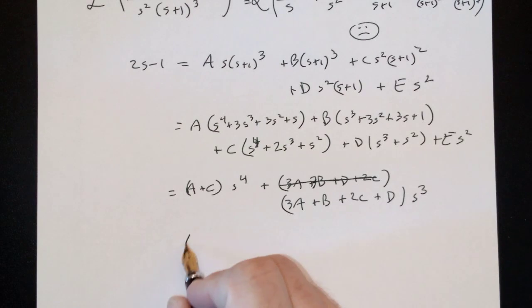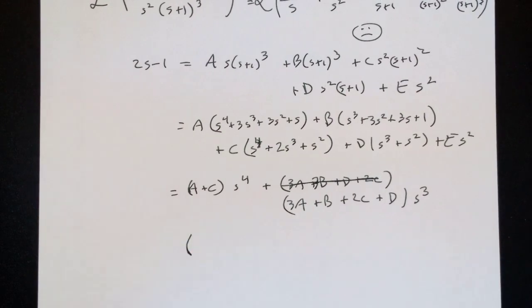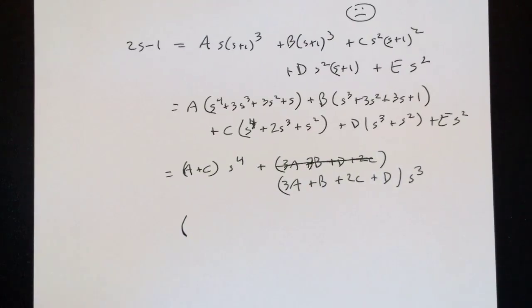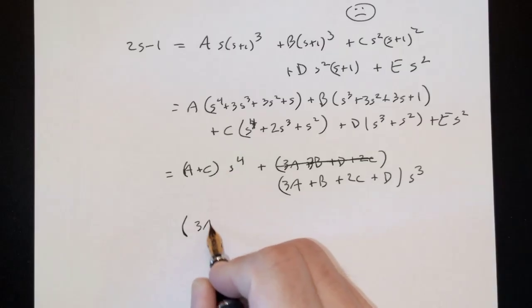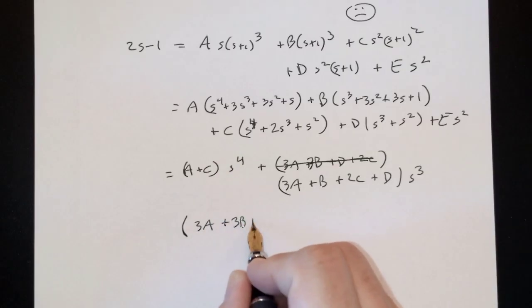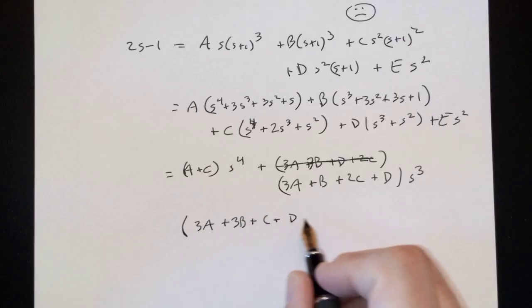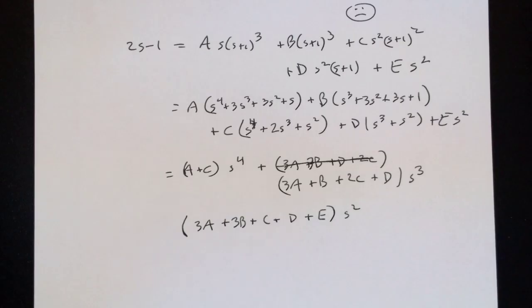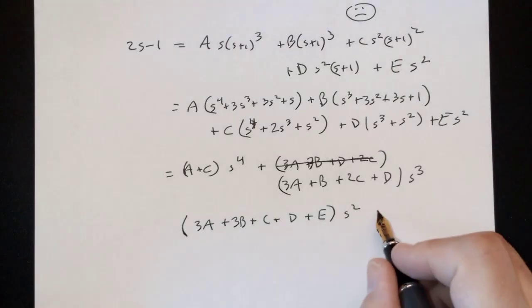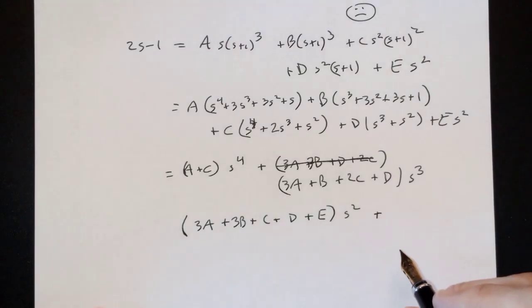What's my s squared coefficient? 3A, 3B, C, D, E. My s coefficient: A plus 3B.